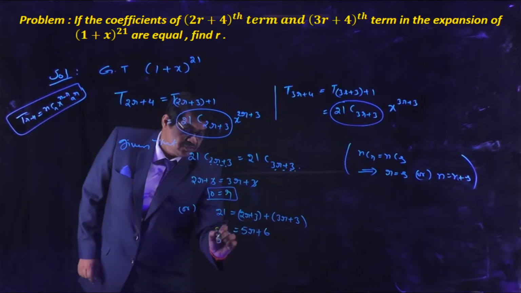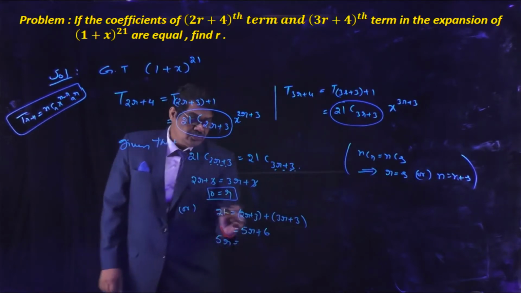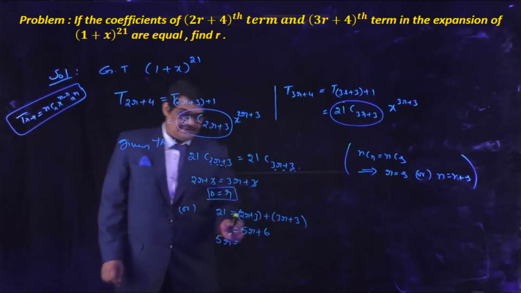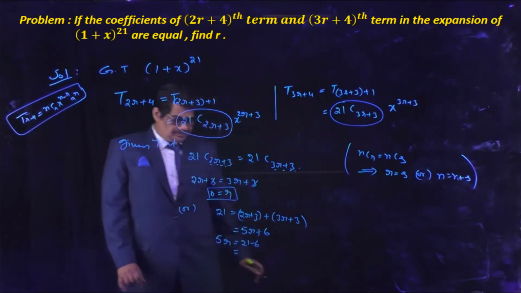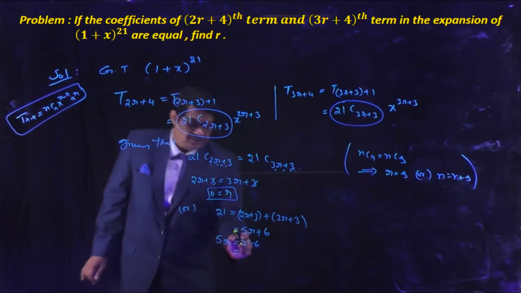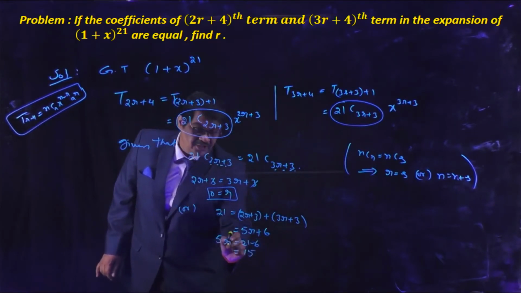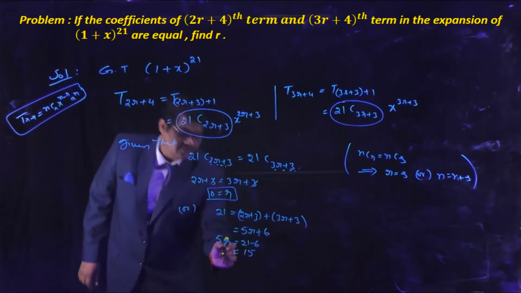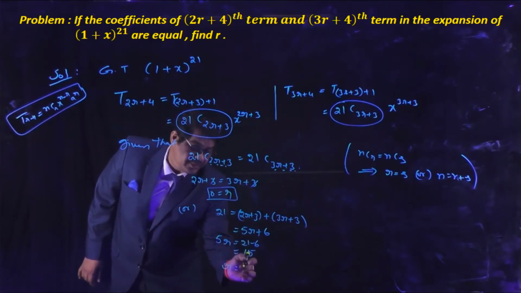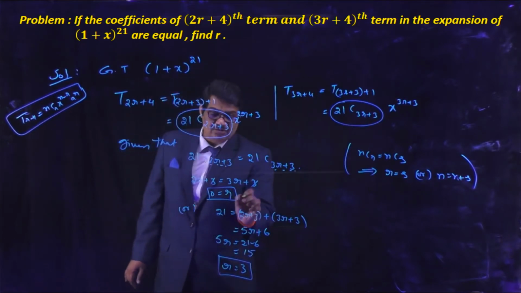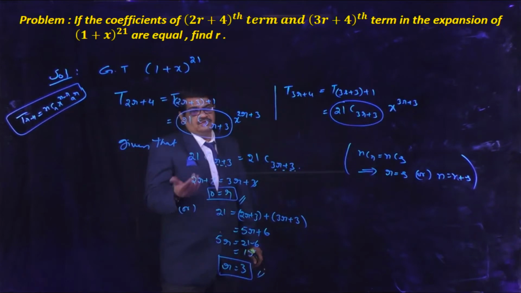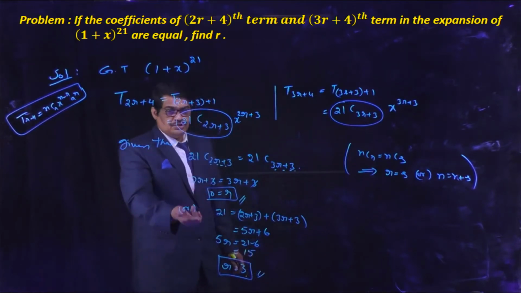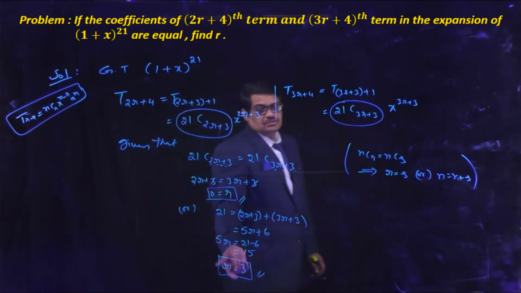Here 5r is equal to 21 minus 6, that is 15. Here 5r is equal to 15. Therefore r is equal to 15 by 5, that is 3. So the values of r are r is equal to 0 or r is equal to 3.